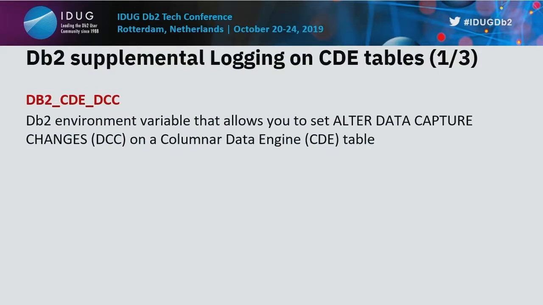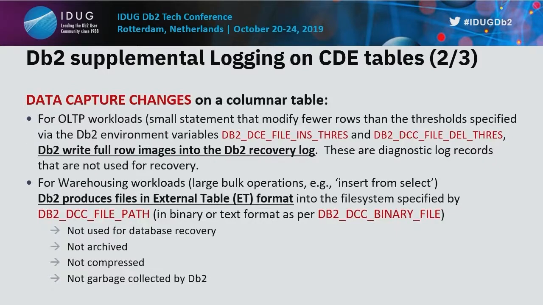Supplemental logging on column organized table was not allowed. So there's a new environment variable at DB2. You set this up, and now it will allow you to have data change capture on the table. Once you turn on data change capture on the column organized table, the behavior is very different. If it's a small transaction, which is controlled by a threshold, another environment variable, we will write the full row in the recovery log records, just as if this table was a row organized table.